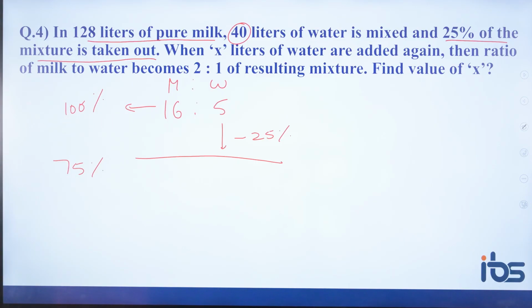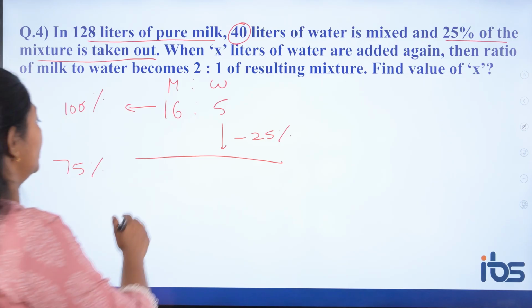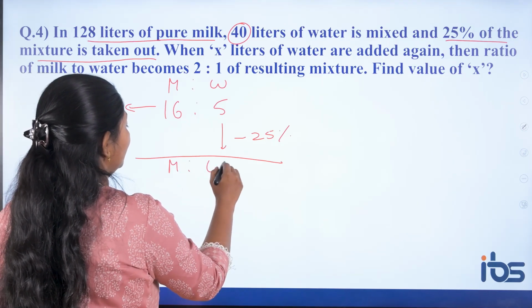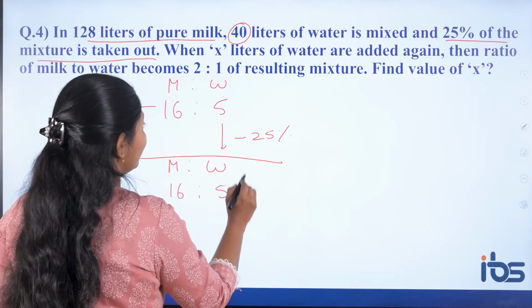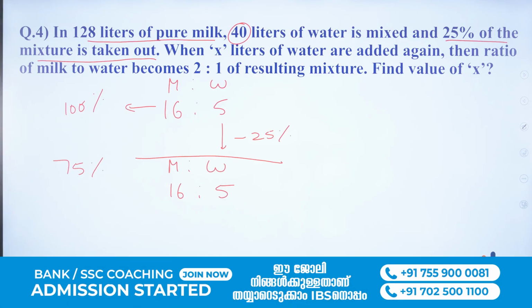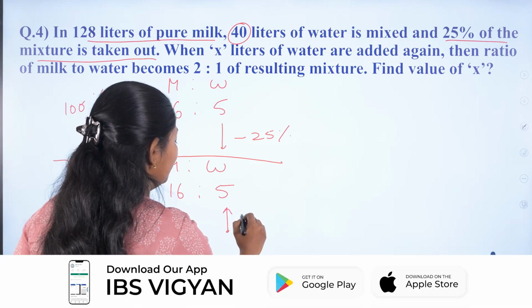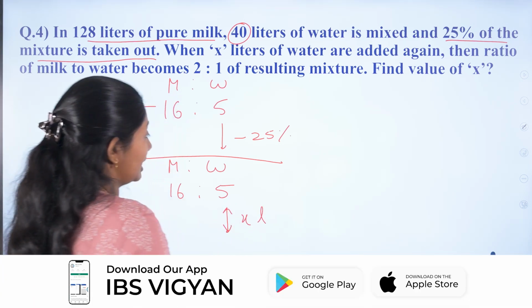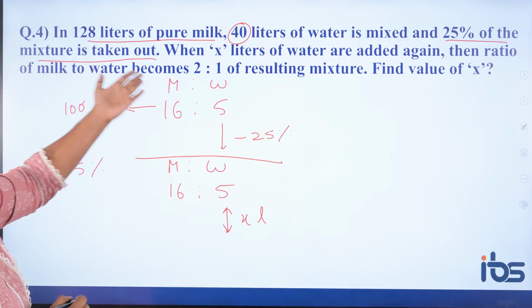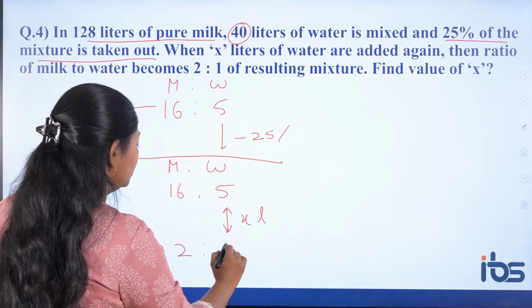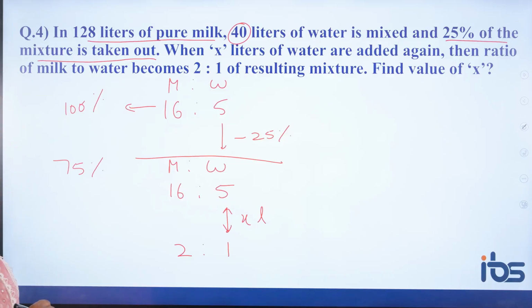When x liters of water are added again, the milk to water ratio is again 16 is to 5. When x liters of water are added again, then the ratio of milk to water becomes 2 is to 1. So find the value of x.